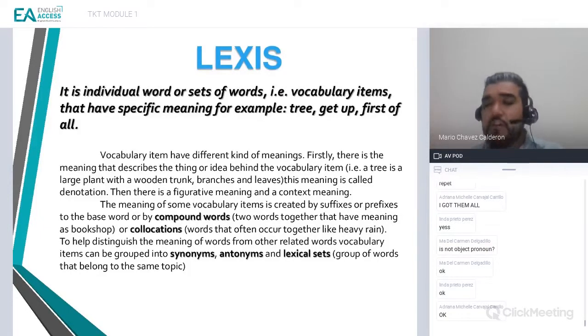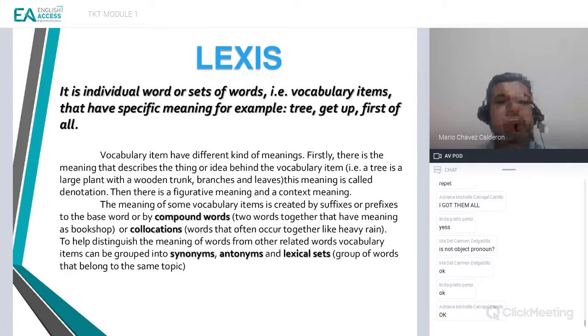Context meaning is when you refer to something within a context. For example, my grandma's tree is a tree that belonged to your grandma, but in the context of your family, you understand that, not in another context.